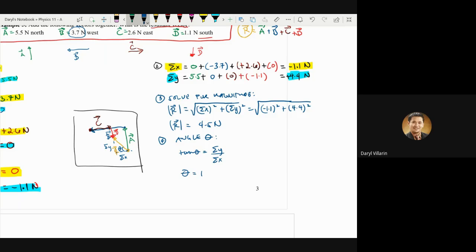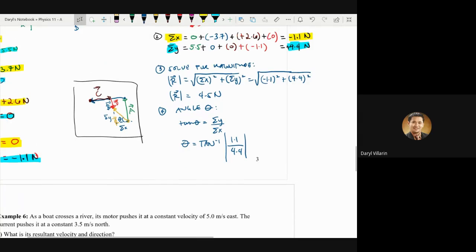So theta is just the tangent inverse of the summation of y over x. This is what I mentioned earlier, that you just take the absolute value. When you take the angle theta, you just disregard the signs of your x and y, and that should give you around a value of 76 degrees.